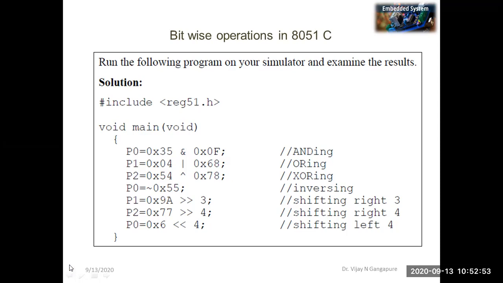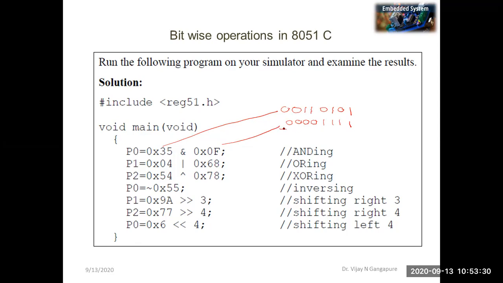Now we will see what exactly happens. I will use the tab pen here. This 35 means 0 0 1 1 0 1 0 1, and this 0F means 0 0 0 0 and F means 1 1 1 1.